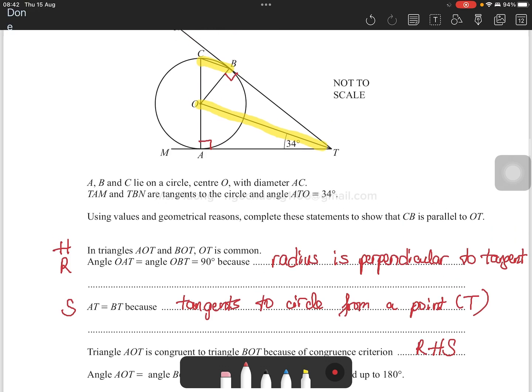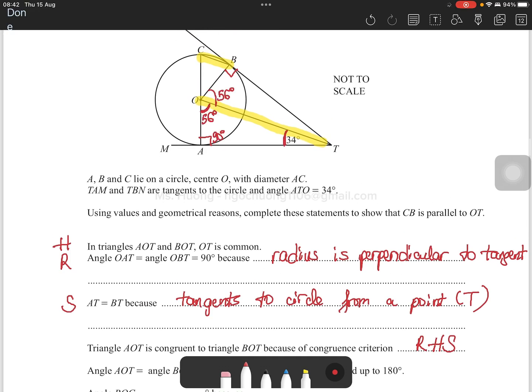And then the angle BOC. BOC is this blue angle. To find this blue angle, we see that AOC is a straight line.